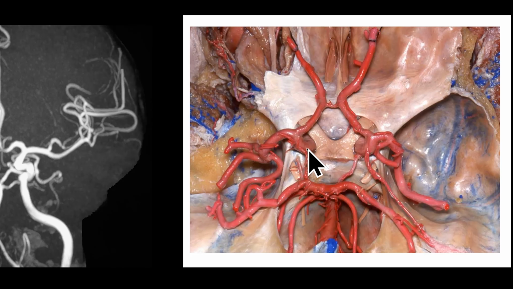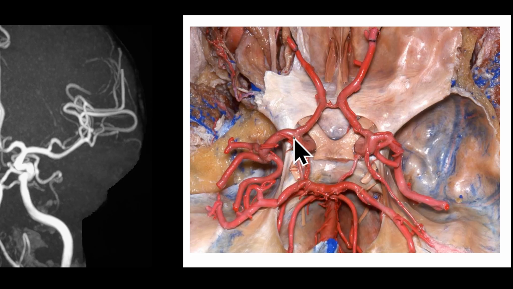The left internal carotid artery system and the right internal carotid artery system link together through one anterior communicating artery between the two anterior cerebral arteries. And then you'll notice that the one posterior basilar-dependent posterior cerebral artery circulation each receives one connection.